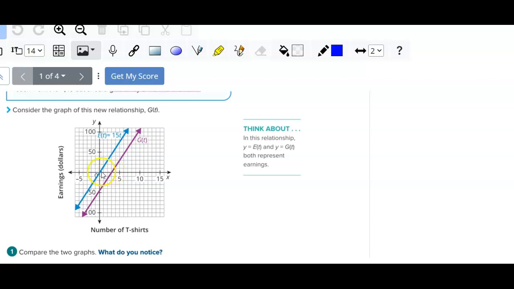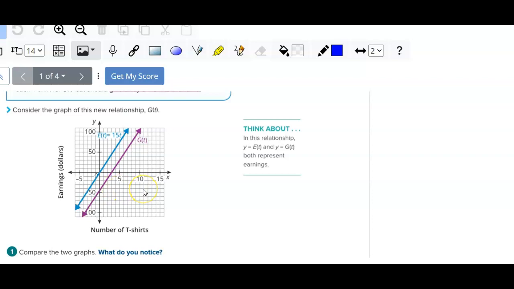It's right here. When our input is 0, what's happening on the pink graph? We're not on the pink graph yet, so we need to go find the pink graph, but we want to stay where t equals 0. Right here. So it's somewhere between -40 and -50 where this line crosses the y-axis.